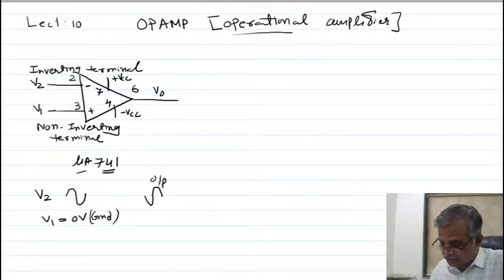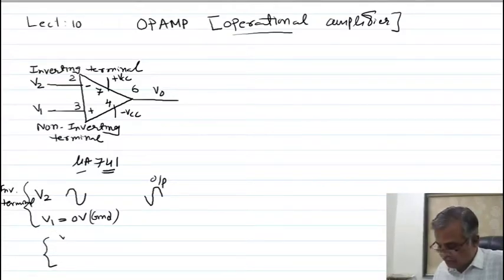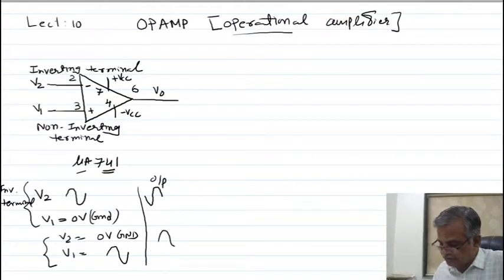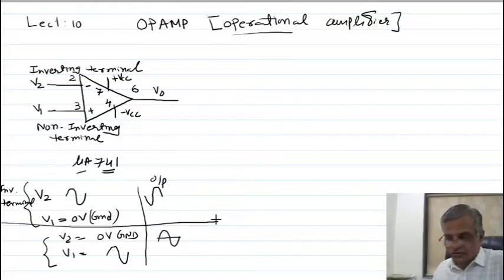So what is the non-inverting terminal? For the non-inverting terminal, V2 is made ground and you apply the signal to V1. Then the output will be the same as the input, meaning there is zero phase shift between input and output.